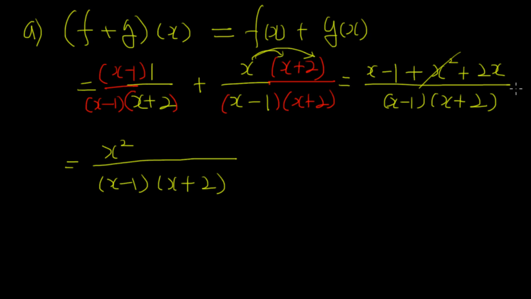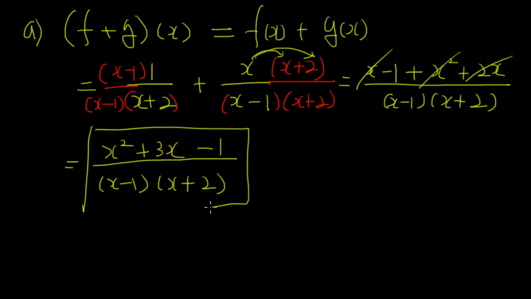We have x and 2x, so that should be 3x, and now we have just minus 1, just like that. Well, we are almost done. We just have to add that x cannot be equal to 1 from here, and x cannot be equal to -2 from here. These two x values will make this denominator equal to 0, right?